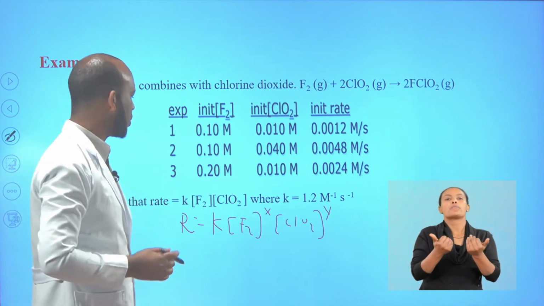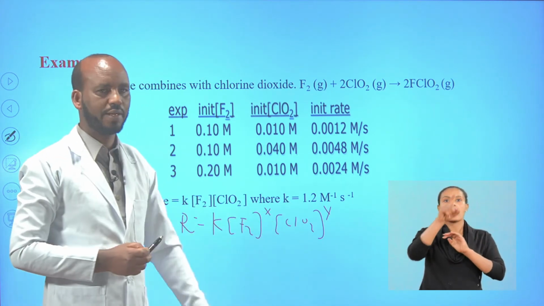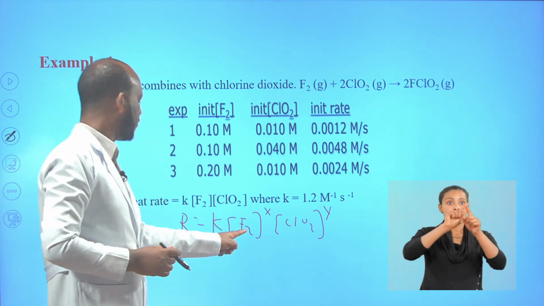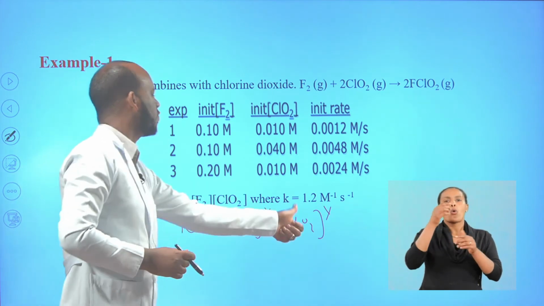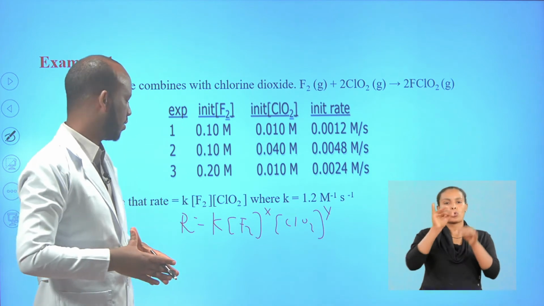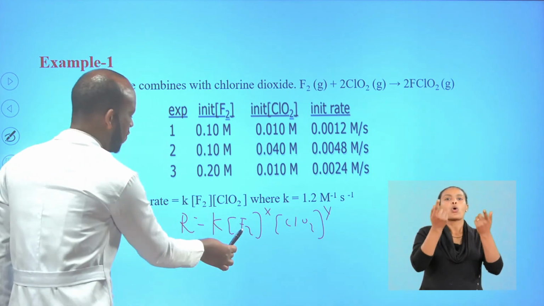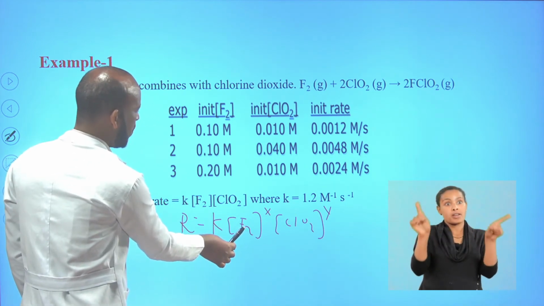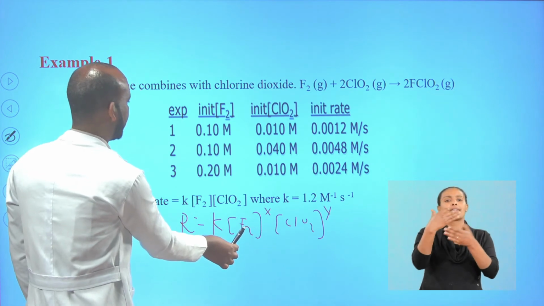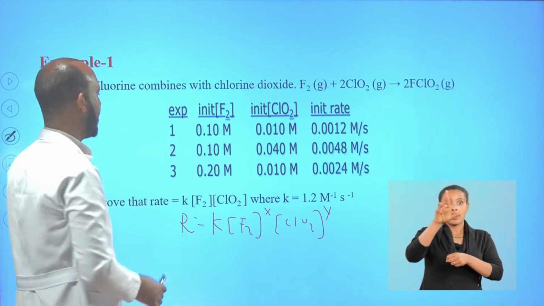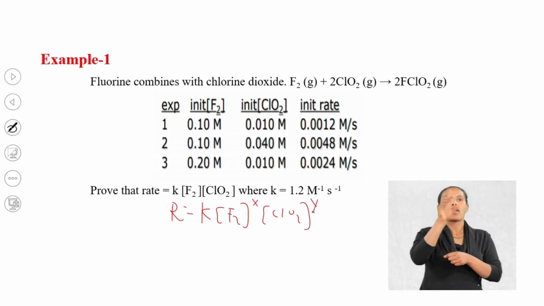Now, to get the value of X, vary the concentration of F2 while keeping the concentration of ClO2 constant. When the concentration of F2 varies, you can take rate 1 and 3.